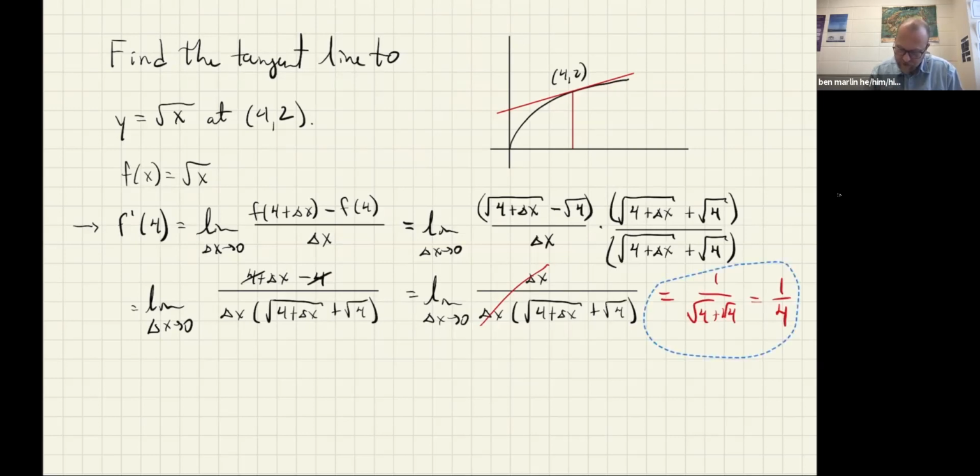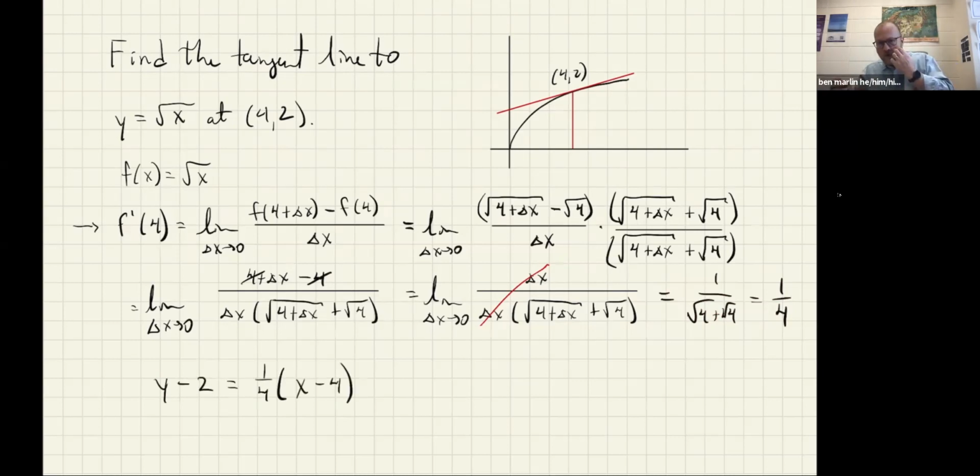I, for some reason, wrote all that in red, and I don't like that, so I'll just make it all match. So now writing the tangent line, we know it's got to be y minus y naught. So y minus 2 equals m times, so 1/4 times x minus x naught.